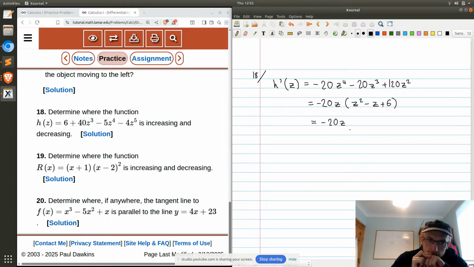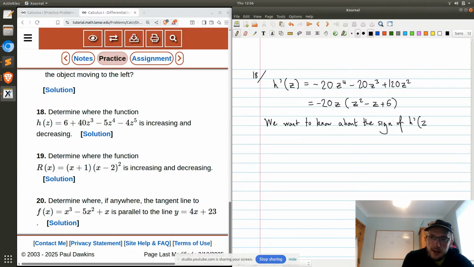Okay, so anyway, what actually is it that we're trying to solve here? Let's just be clear. So we want to know about the sign of h prime of z.